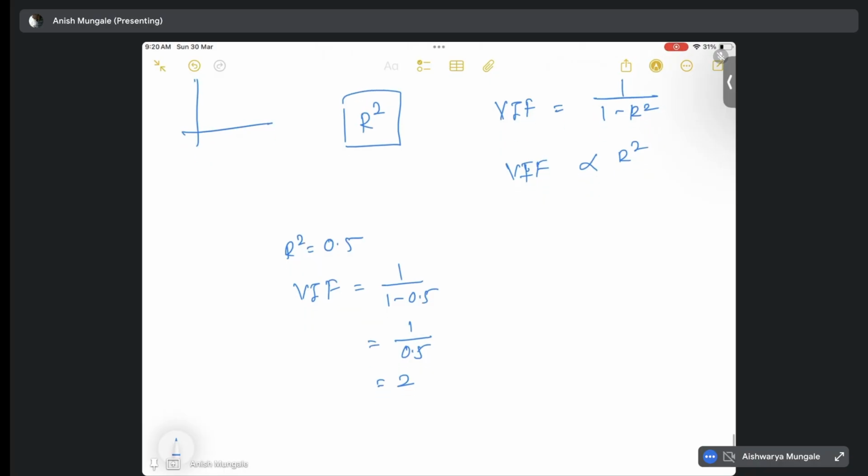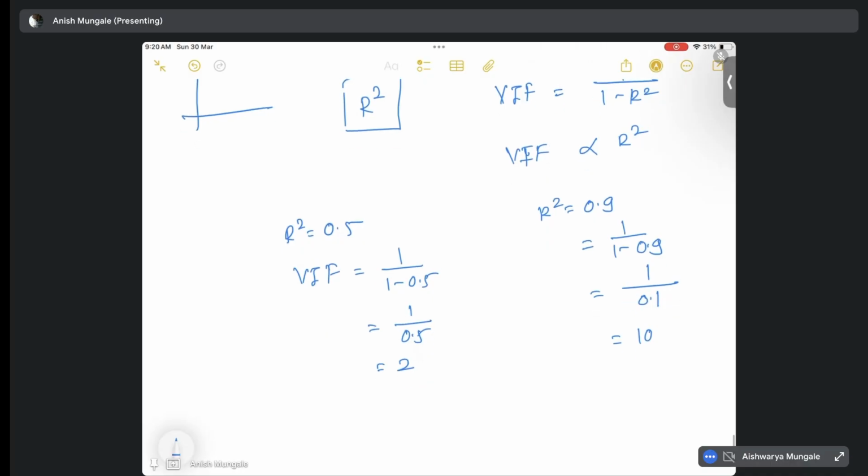If R square equals 0.9, then 1 by 1 minus 0.9, which is 1 by 0.1, which equals 10. So with an increase in R square, there is an increase in VIF as well. So they are directly proportional.